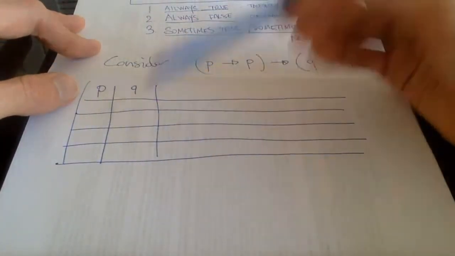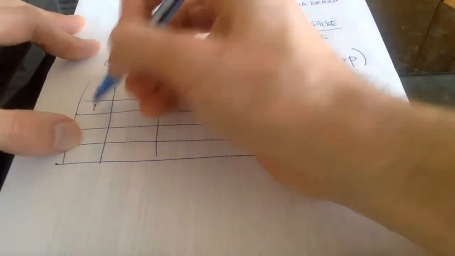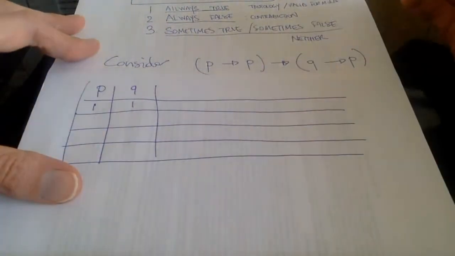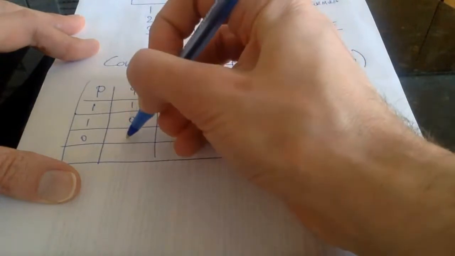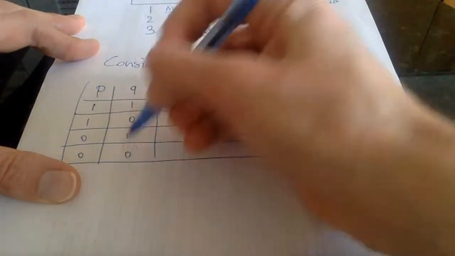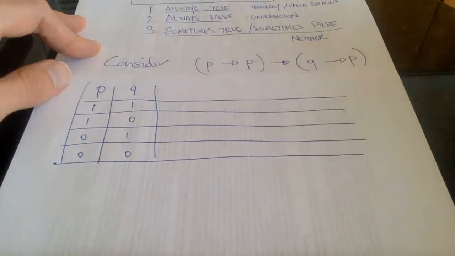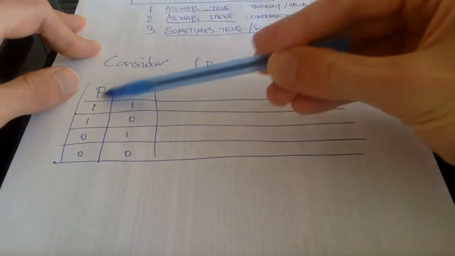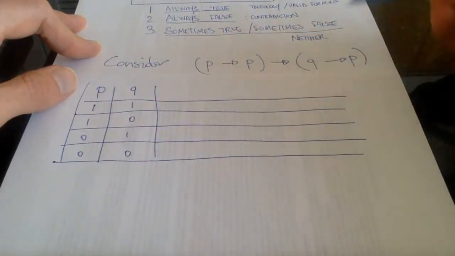We only have four because we have two atomic formulas in total. So we can have that they both take value 1, or one takes value 1 and the other takes value 0, or they both take value 0. So a total of 4 combinations.